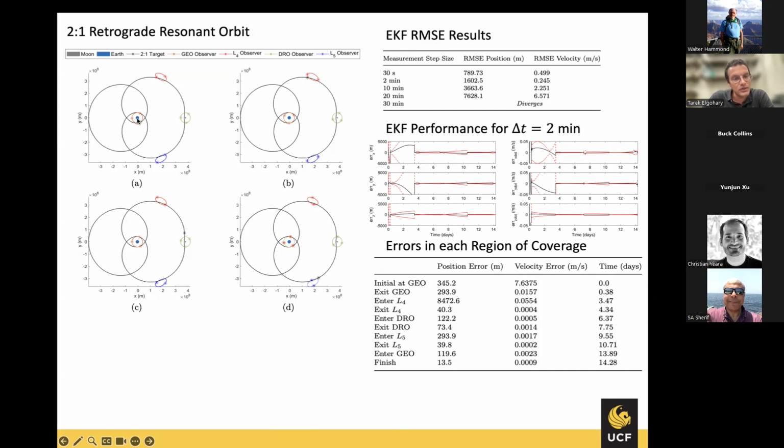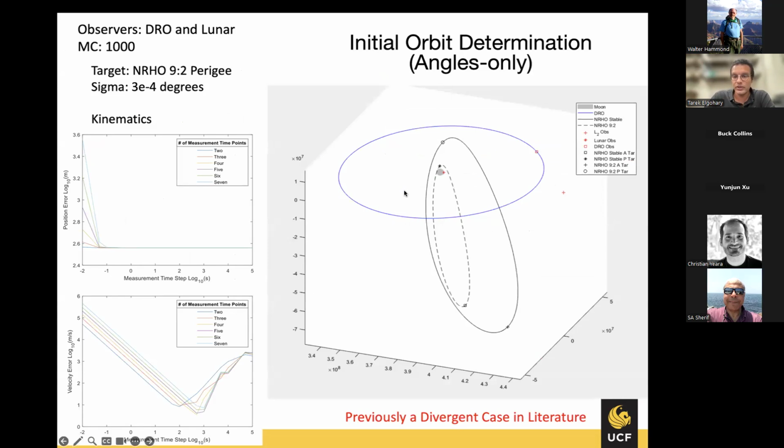You can see that it goes from Geo all the way past L4 and L5, the Lagrangian libration points, and it essentially arrives at a DRO orbit, a distant retrograde orbit. So essentially it goes all the way to the moon. That's a free transfer that you can take from Geo all the way, and this is an example of the DRO orbit up there.